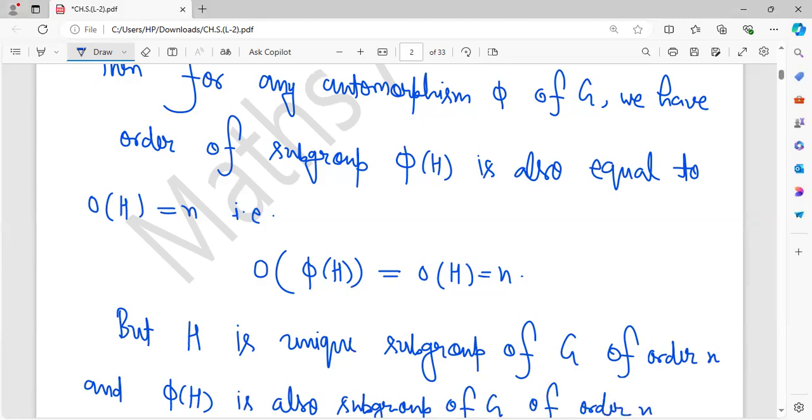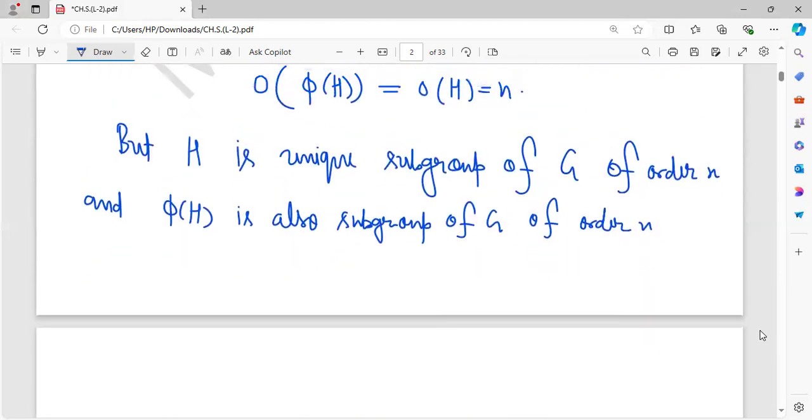So H is the unique subgroup of order n, and the image of H under phi is also a subgroup with the same order. What can we say? Both should be equal because H is the unique subgroup of order n.